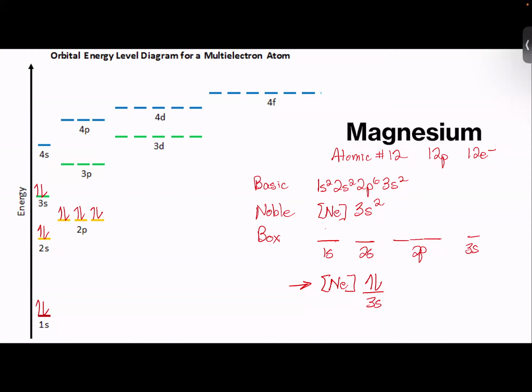Now I'll give you a heads up on how I do things on an exam. You will be asked to write multiple electron configurations. But for the basic electron configuration, which can get quite tedious, which I will show you, I usually stop at calcium.